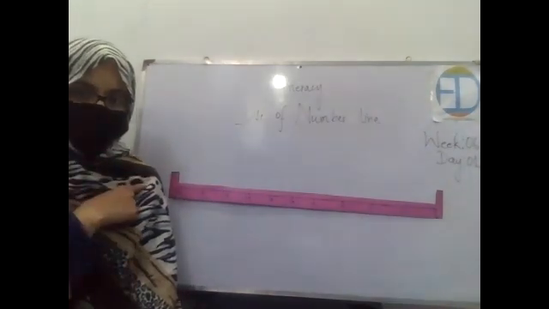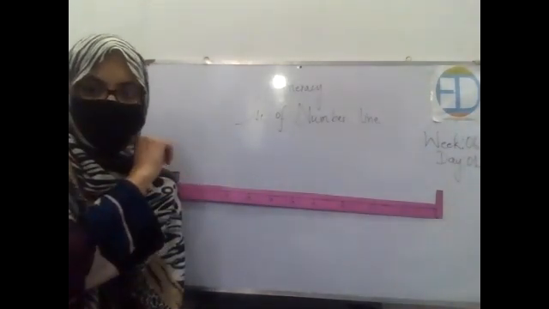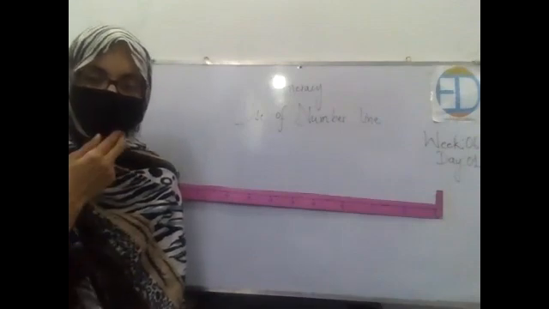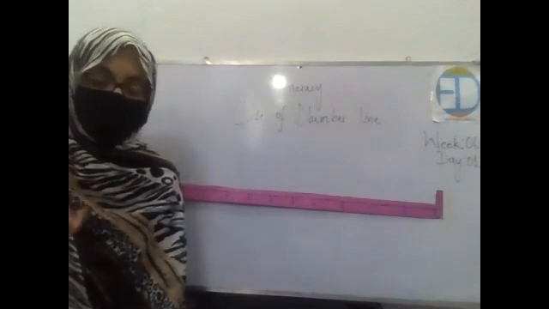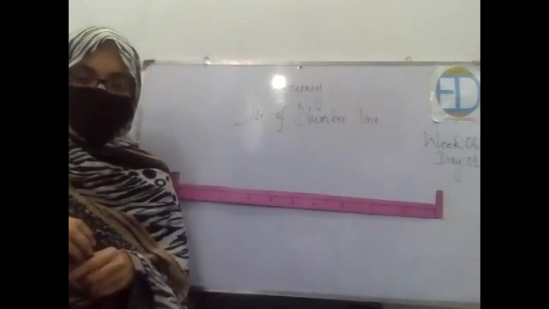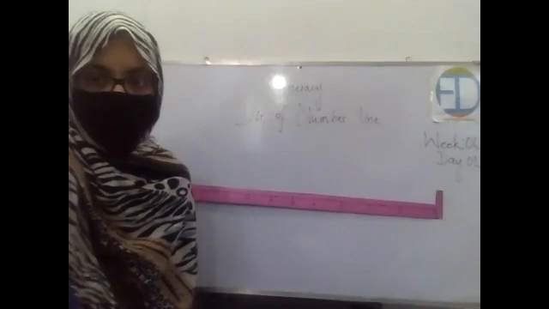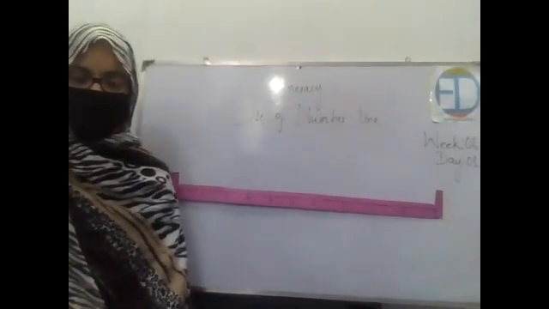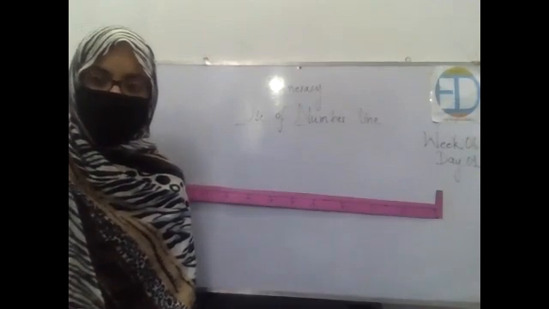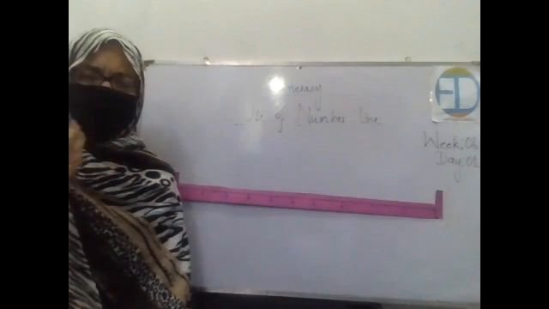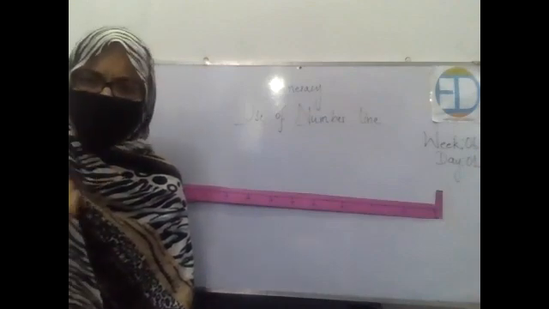As you can see on the board, I have drawn a number line in front of you, right? We have already discussed the number line in previous classes as well. We discussed it in our very first week. Remember? Okay, good. So tell me how we can use a number line. Can anybody tell me? We have already practiced this.